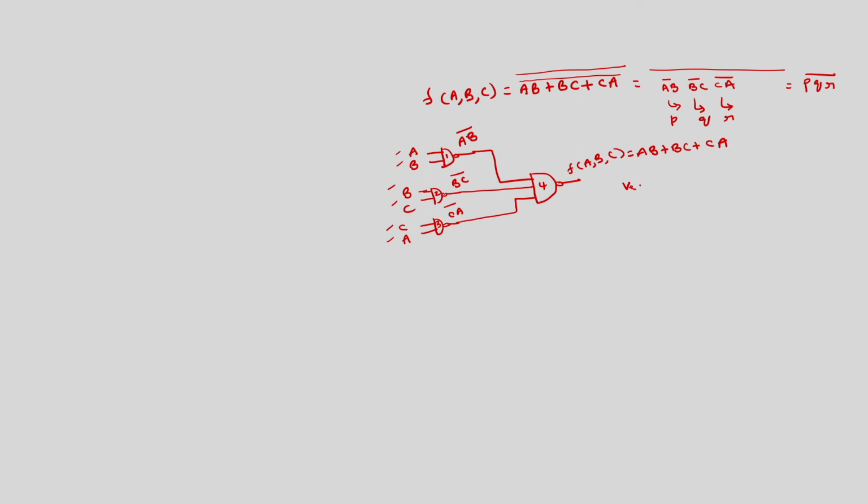So, let me write the Verilog code for this. Overall there will be one output, which I will call F, and 3 inputs A, B, C. module F, comma A, B, C; output F; input A, B, C. Then in addition to this, we require some wires.